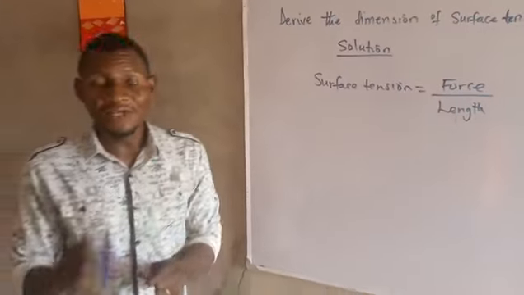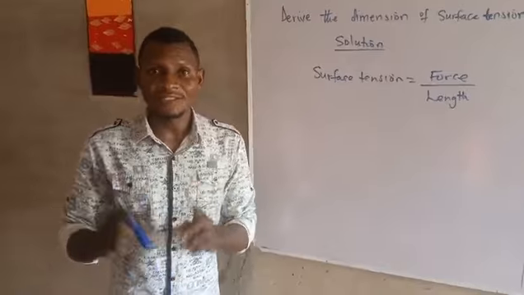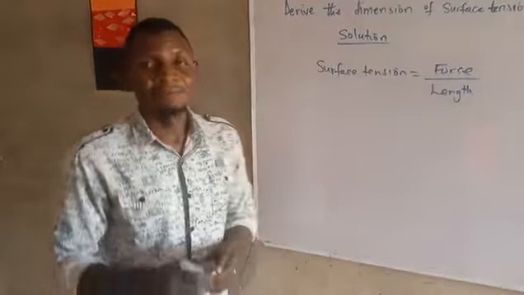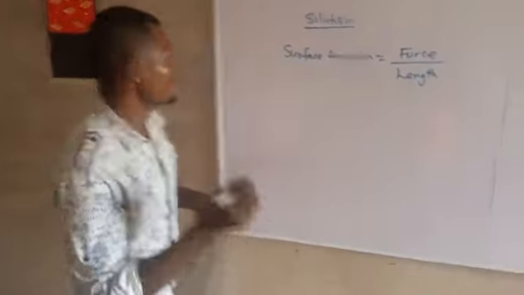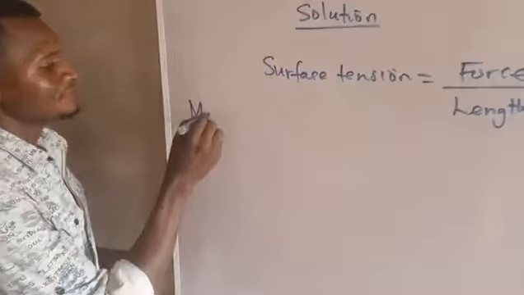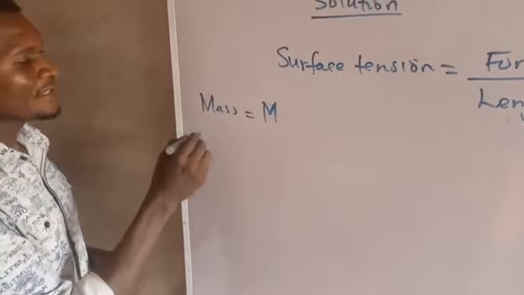One fundamental thing we're supposed to know about obtaining the dimension of any quantity is that we work with the fundamental quantities in physics, which are: one, we have mass. We use capital letter M to denote mass.